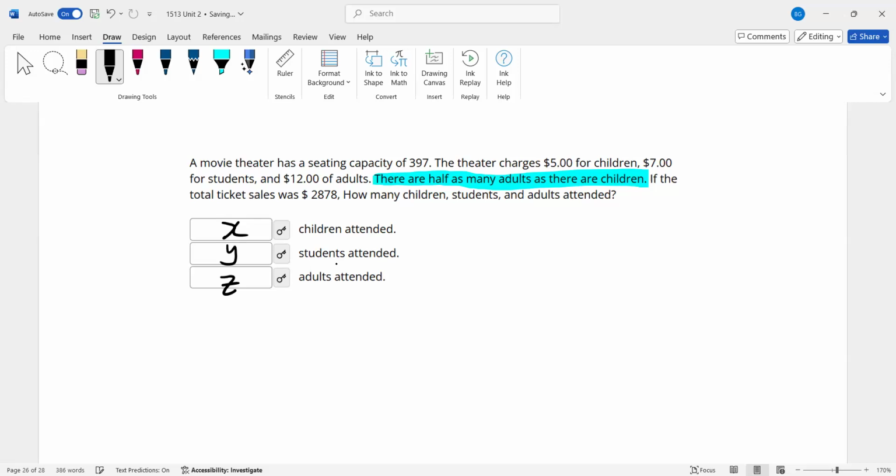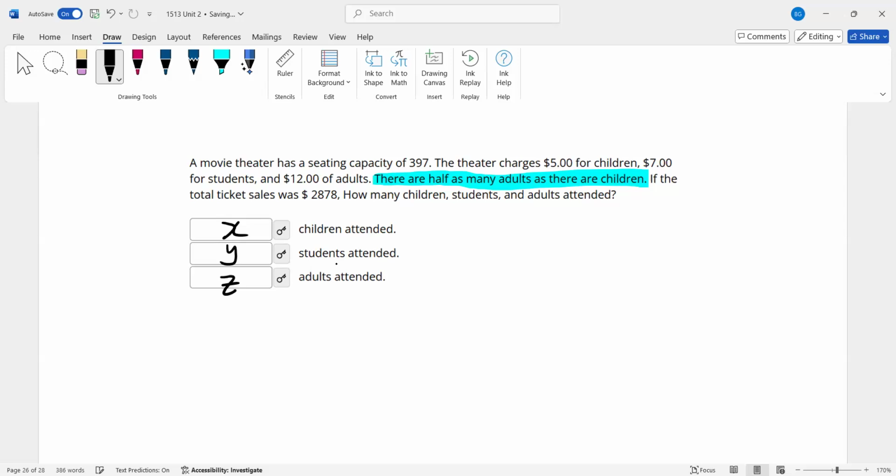A movie theater has a seating capacity. It doesn't really say how many people in total attended the theater, right? We can only assume the movie theater was full.